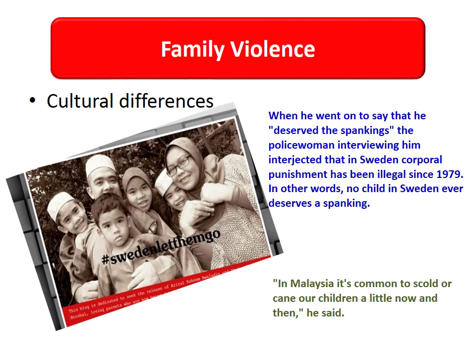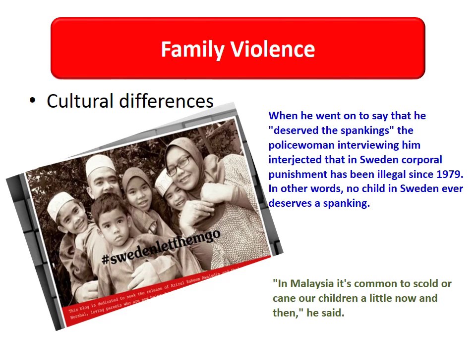This case highlights some of the cultural differences in what is considered to be acceptable or unacceptable forms of discipline, and what is considered to be abuse or what is not considered to be abuse across cultures. If you look at this slide here, there's an excerpt from the father who says that in Malaysia, it's common to scold or cane our children a little now and then.